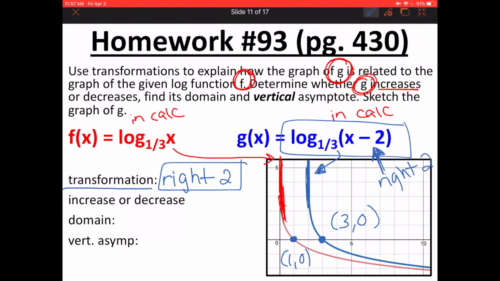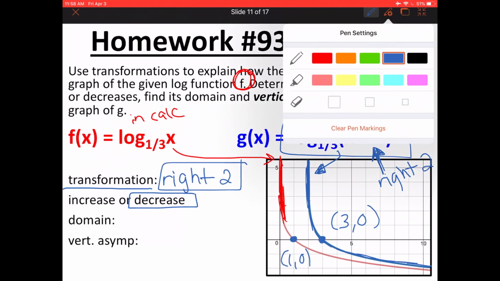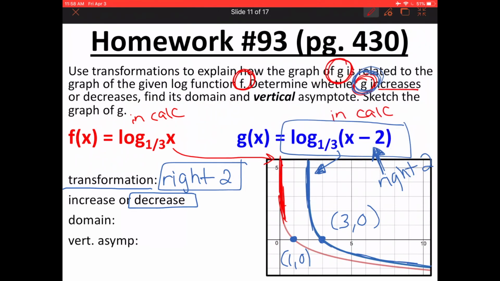For my increase or decrease, remember, this is all in relation to graph g. So is graph g increasing or decreasing as I go to infinity? This is decreasing. So you would tell me decreasing. The domain, this is where it gets tricky. What is the domain of graph g? Remember, domain is in relation to the x-axis.